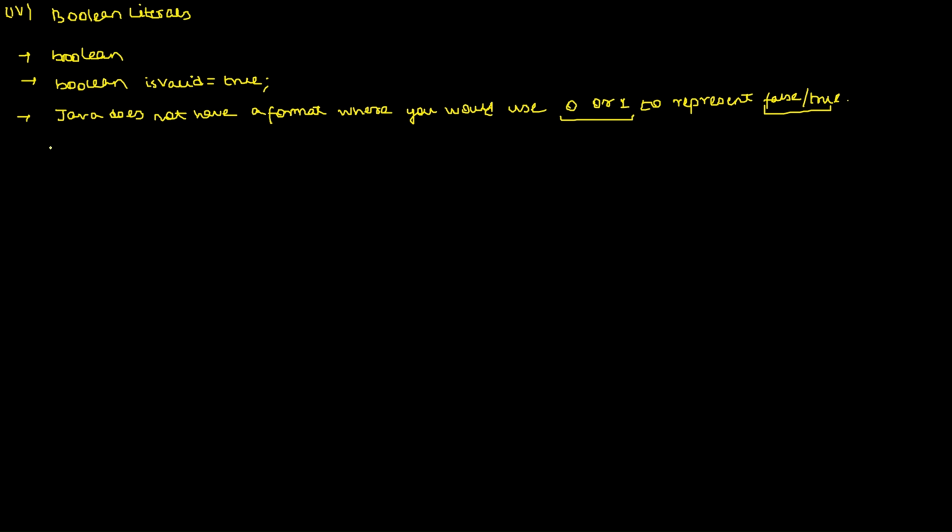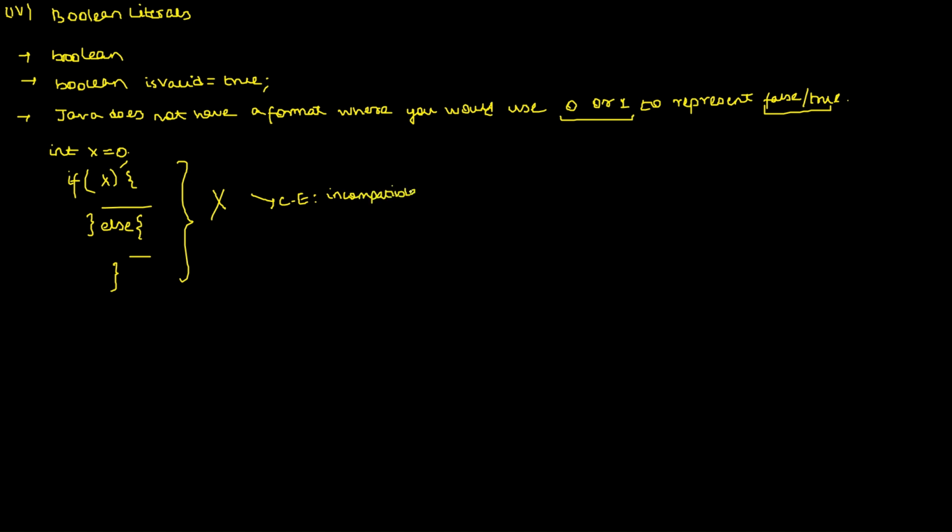Some example of this would be like int x is equal to 0, and then you write an if condition and you leave it like this, and then some statements and else some statements. No, this format is not valid. This will give you a compilation error saying incompatible types, because what if accepts as its parameter is a boolean type.